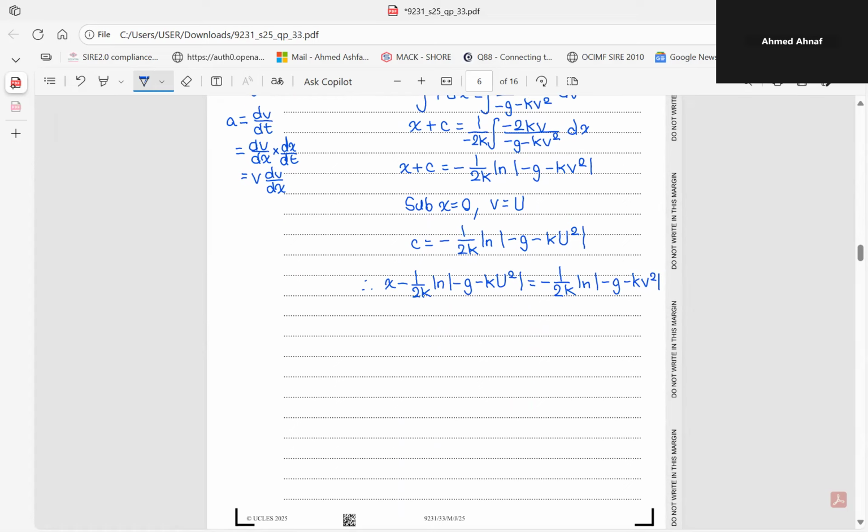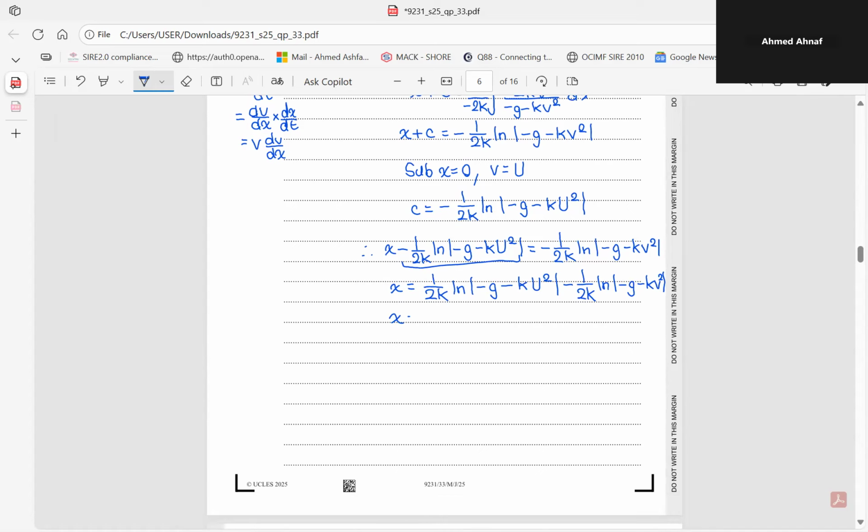Okay, so now let's just make x the subject. So add this to both sides. You'll get 1 over 2k ln of minus g minus ku squared minus 1 over 2k ln of minus g minus kv squared.